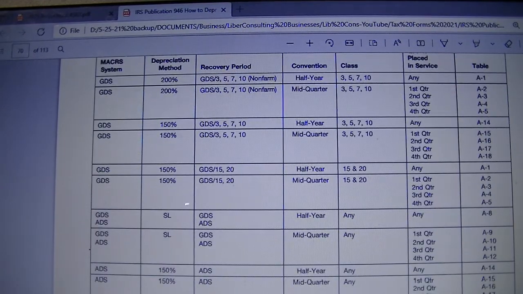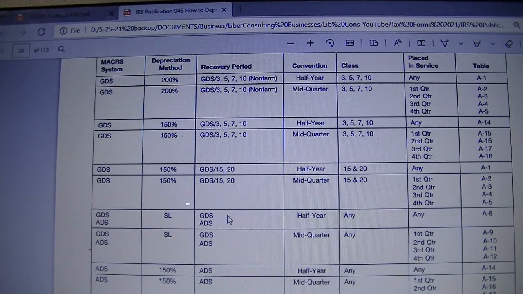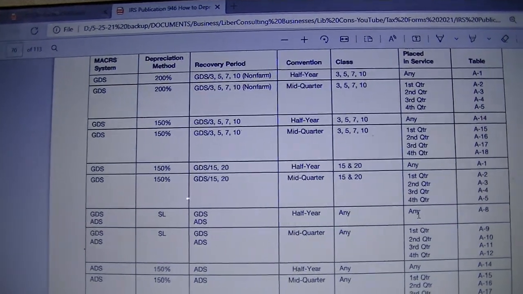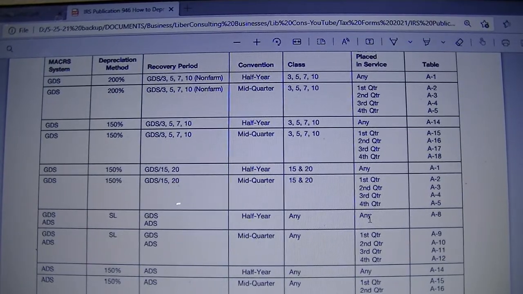We know we are going to use GDS, we are going to use straight line, and the recovery period is GDS 7. The convention is a half year, and the property class is 7 years, so it doesn't matter, and the quarter does not matter either. We'll use A8 as well.